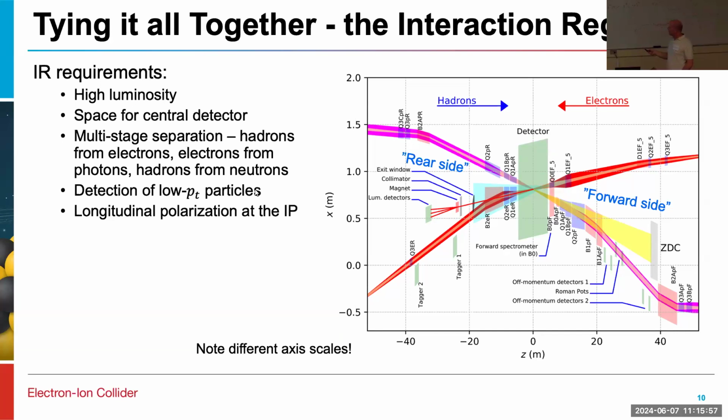And here for the hadrons, this is what we call the forward side. This yellow thing, that's a cone of neutral particles that gets detected here at the 0-degree calorimeter. So I have to provide magnet apertures that are large enough to transport this yellow cone to this detector.